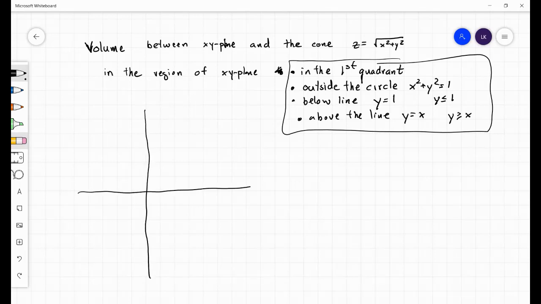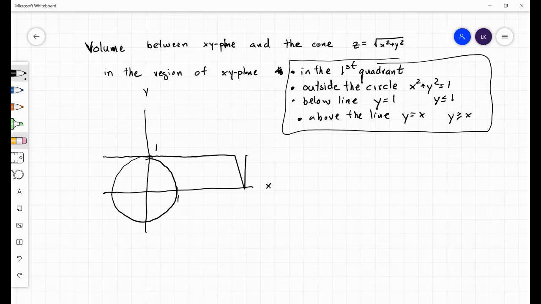Let's say we're in the first quadrant, so x and y are positive. We're outside the circle, our unit circle at the origin. Below the line y equals 1, a horizontal line. And above the line y equals x.